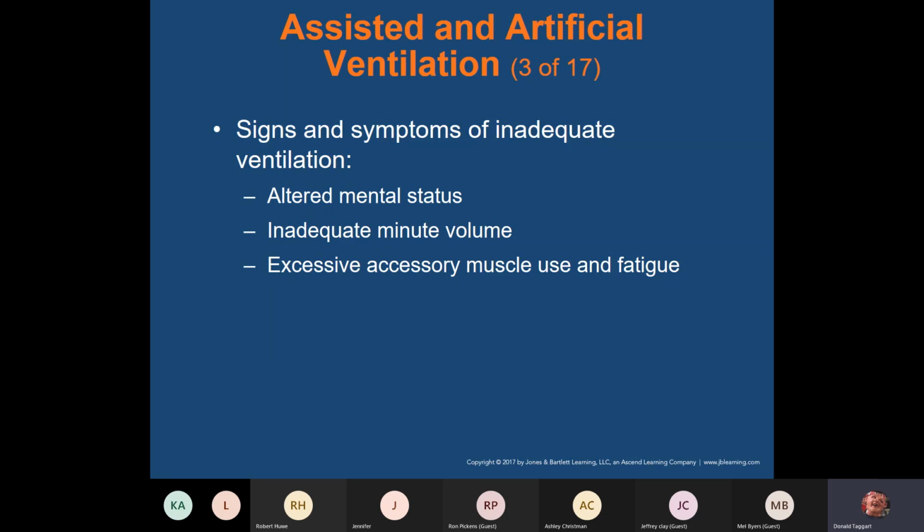That's still inadequate. Or let's say they have a head injury, they're breathing very deep, getting 500 tidal volume, but they're only breathing 6 times a minute. That's not adequate. So you have to look at both the rate and the depth for their ventilation, because if one's off, their end result's still going to be low.